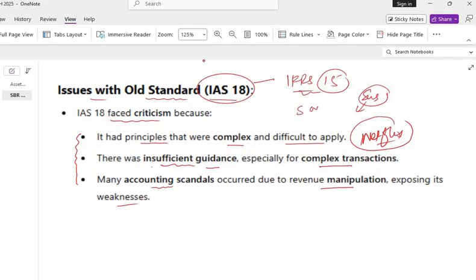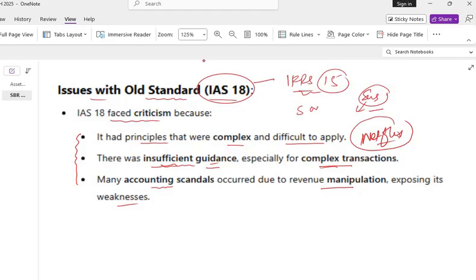Due to insufficient guidance for complex transactions, IAS 18 was replaced by IFRS 15, and we will discuss in IFRS 15 how to recognize subscriptions and technical support services.